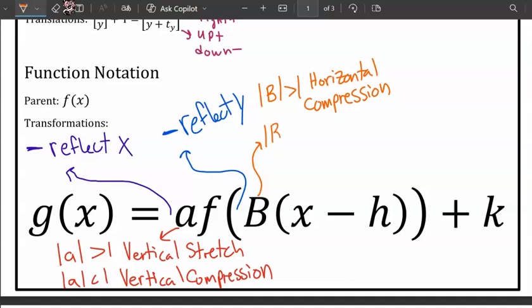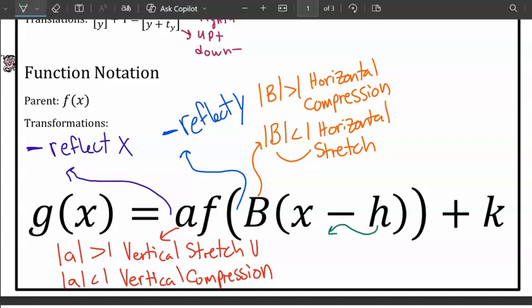And if the b not counting the negative sign is less than 1, it's a horizontal stretch. Horizontal stretches become more horizontal, and vertical stretches become more vertical.